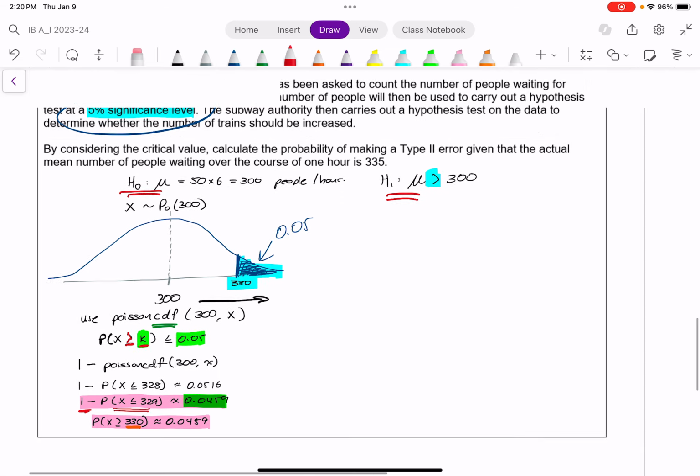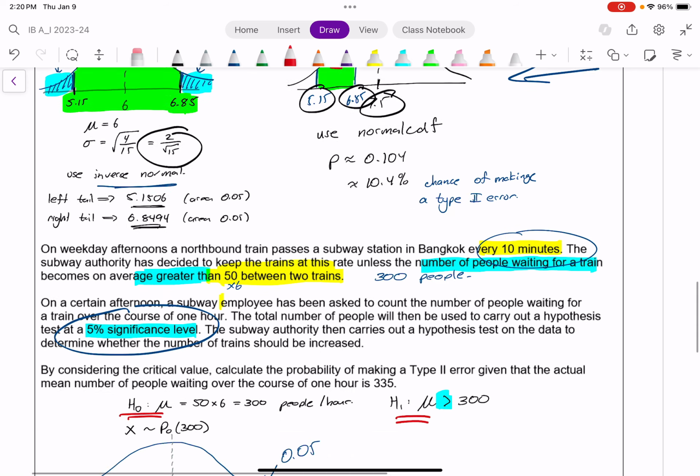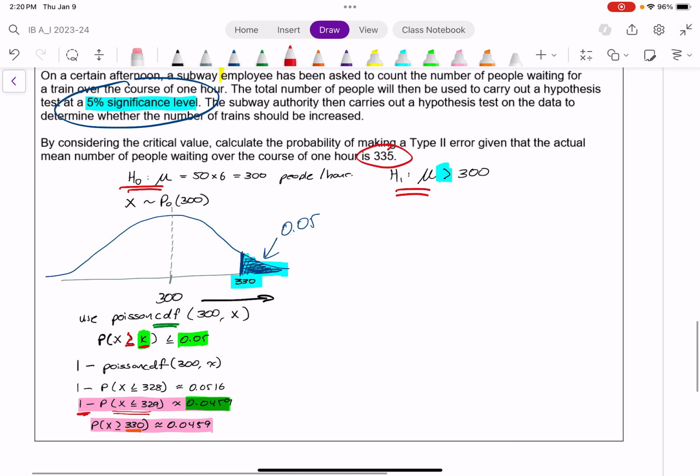And so now if we look back up here, once we found our critical regions, we now look at a new distribution using our updated information about the mean. In this case, what if the mean is actually 335? So I'll make another distribution here. Right? So what if the mean is actually 335?